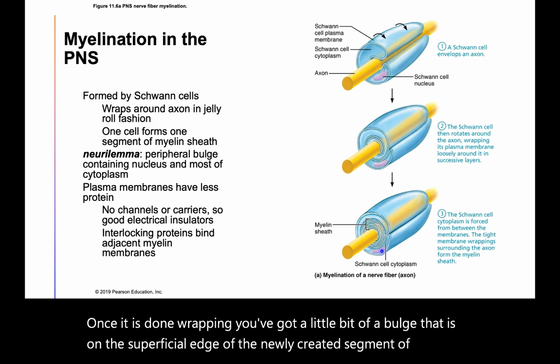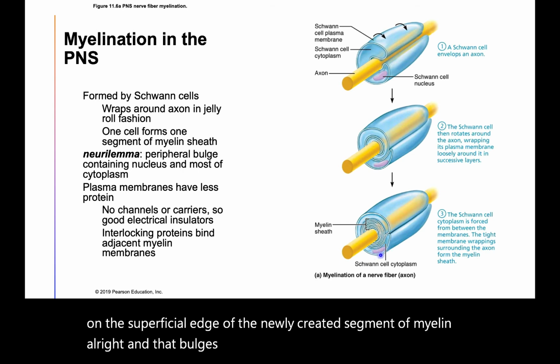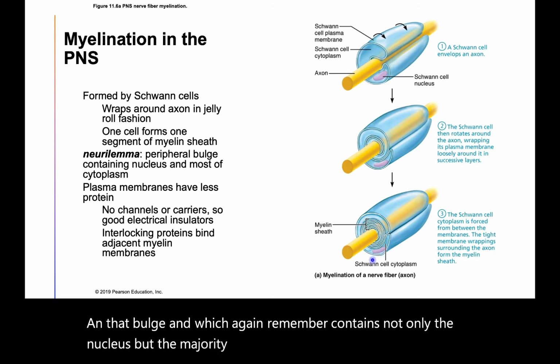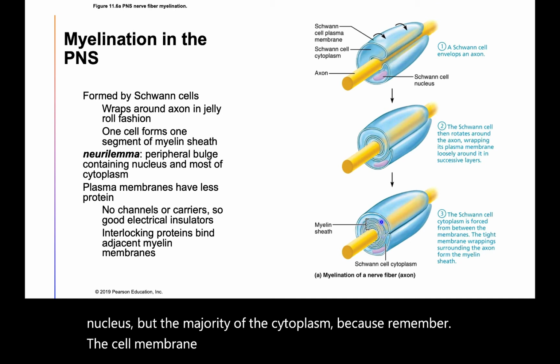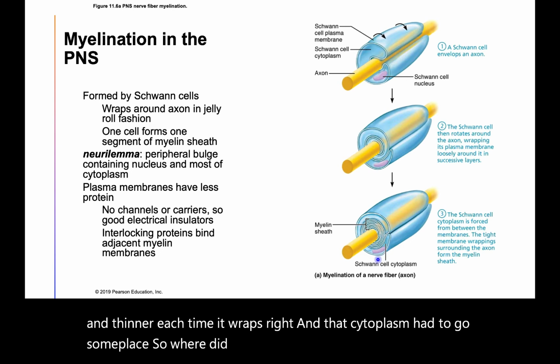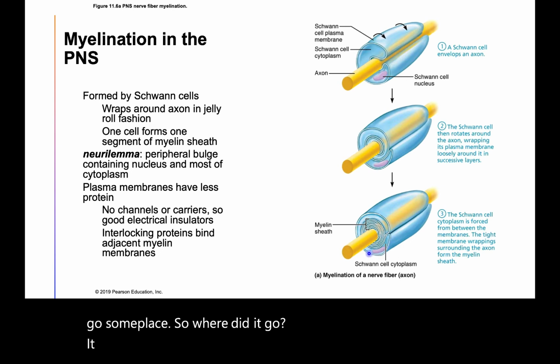And that bulge is where the nucleus of the Schwann cell is. Remember, it contains not only the nucleus, but the majority of the cytoplasm, because the cell has gotten thinner and thinner and thinner each time it wraps, right? And that cytoplasm had to go someplace. So where did it go? It accumulated here within this peripheral bulge that contains the nucleus.